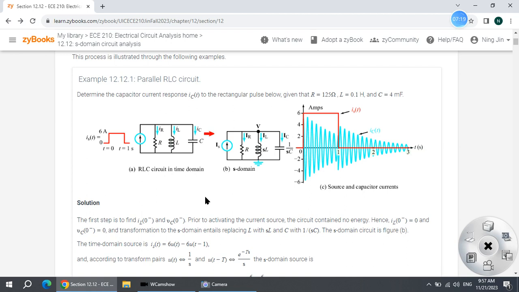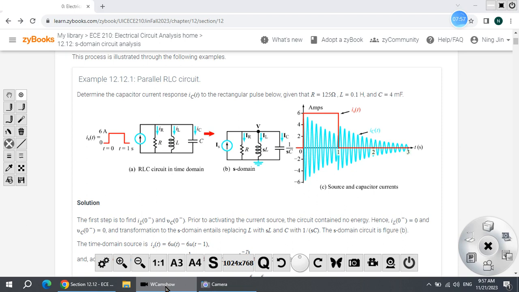We have 3 parts: this is R, this is SL, this is 1 over SC, and we have IR, IL, IC, and here is IS, and they put the voltage. The voltage here is V, and this side is ground. Now let's go to the camera.